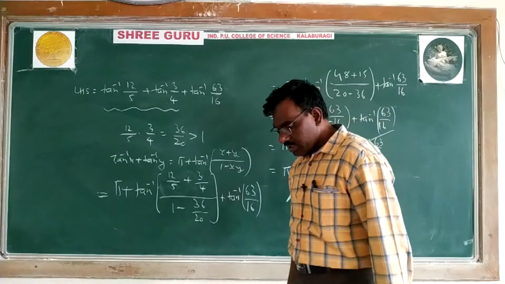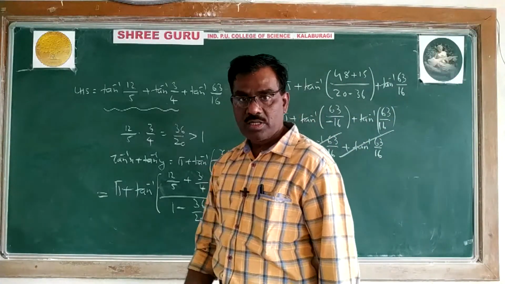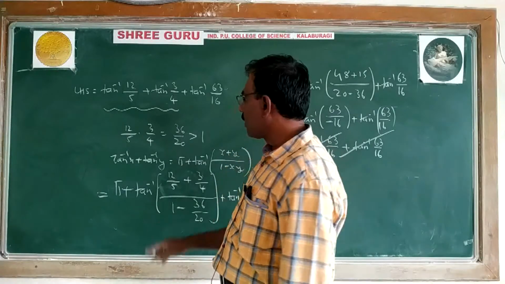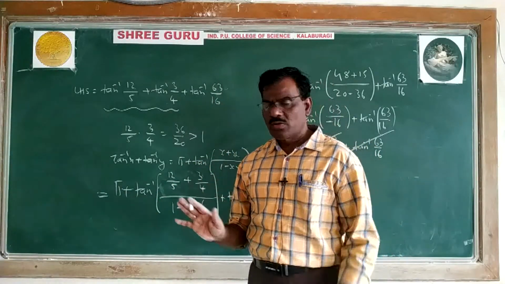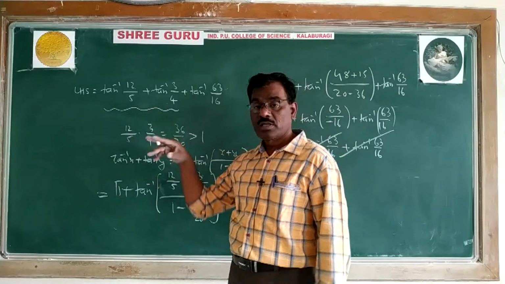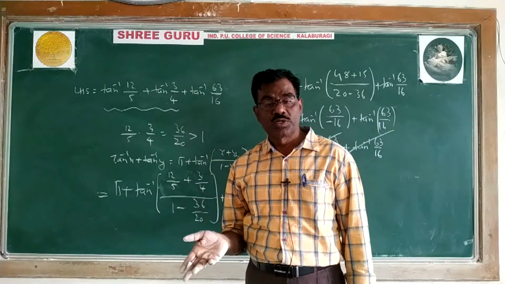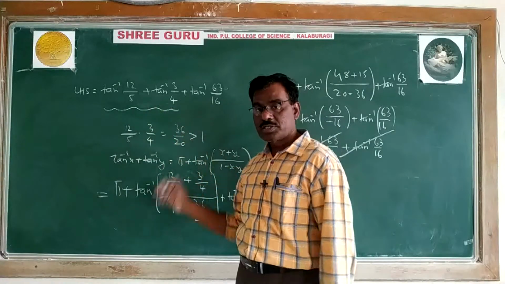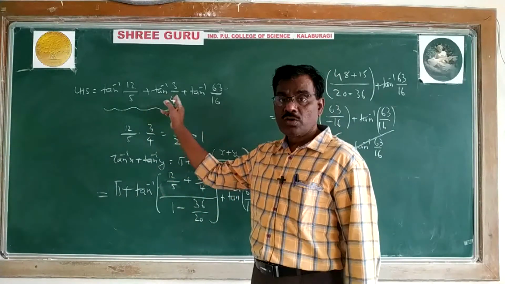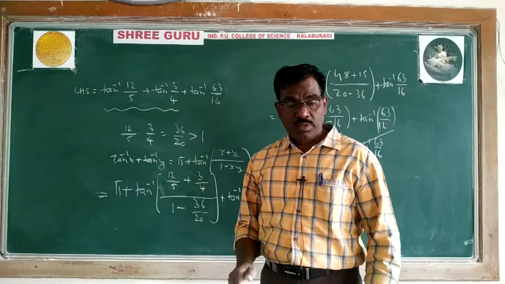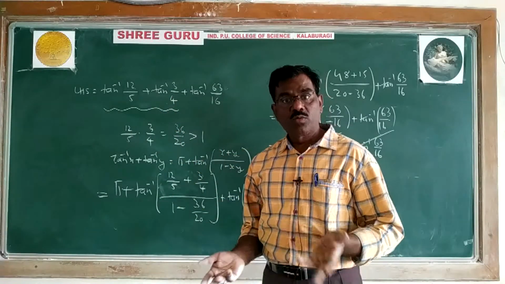Actually, in the textbook it is given as a solved example with a different method. Now I am taking a very easy method. The first two are both converted into tan inverse, so all are tan inverse. But you can take any two out of these three, so that the product is more than 1.